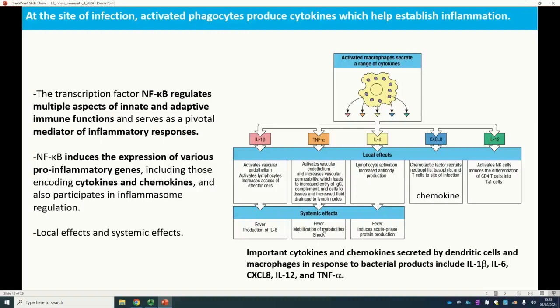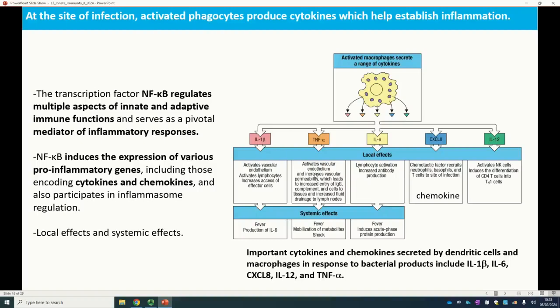TNF-alpha, also important in fever. And as we just mentioned, IL-6, obviously important in fever, but also it induces these acute phase proteins to be produced. And that's something that we'll look at in a few slides' time. So we have these localized effects, but also these systemic effects.